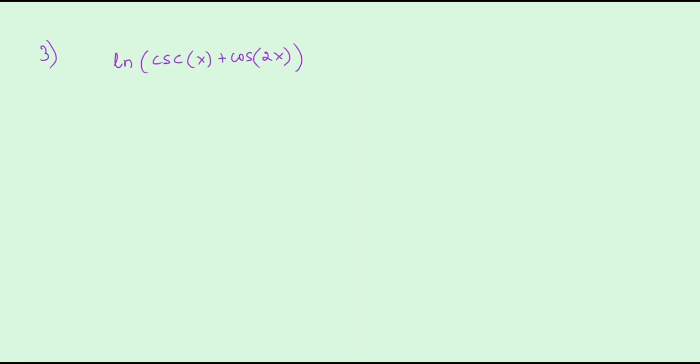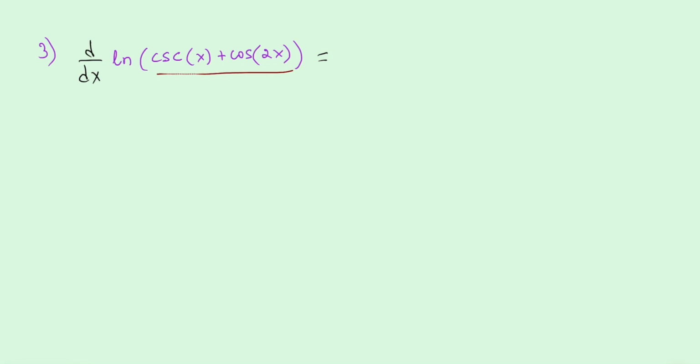In our third example, we are finding the derivative of the natural log of cosecant x plus cosine of 2x. In order to derive this problem, we have to know some of the rules. First one is, what is the derivative for a natural log of f of x? The derivative of this would be the derivative of f of x over f of x.